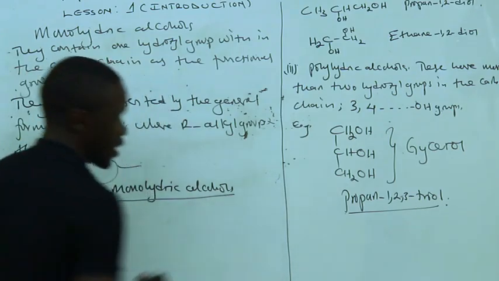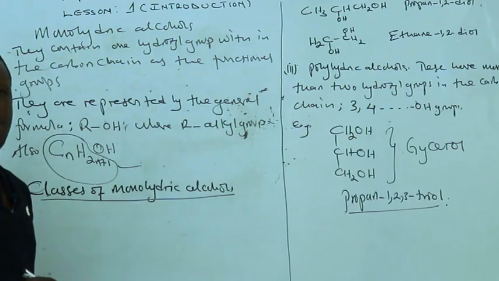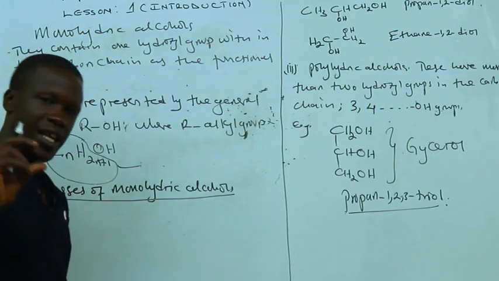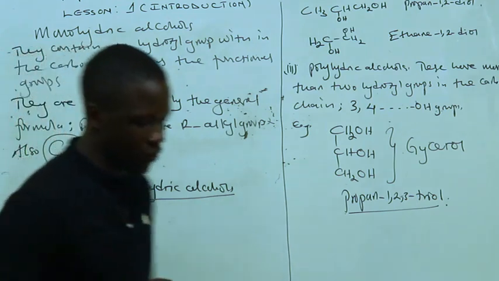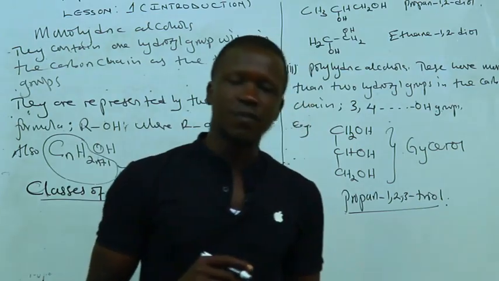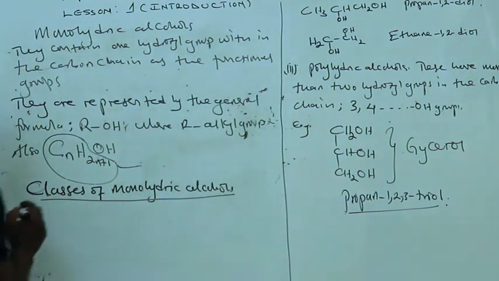In all our discussion, we shall be referring to these classes, and therefore it's very important that we understand them. So when we talk about classes of alcohols, we shall be specifically referring to those of monohydric alcohols.